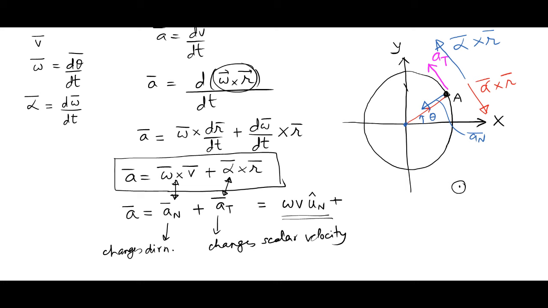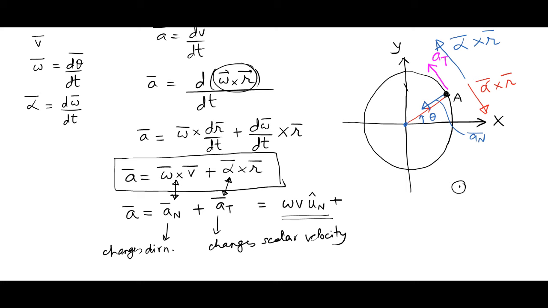So in short, if you want to find the reference direction for omega bar, so that you can convert it into a scalar, the easiest approach is to visualize how the particle is moving. In this case, it's moving in the anti-clockwise direction. Of course, if it's not given, then you can assume it, it doesn't really matter.